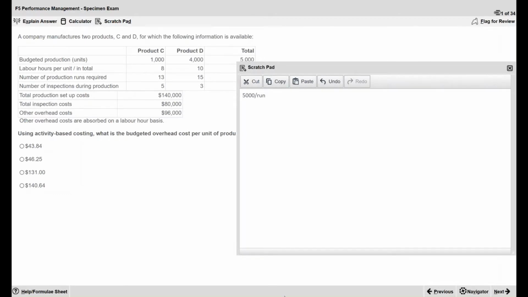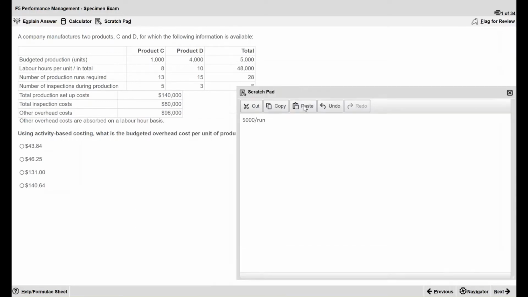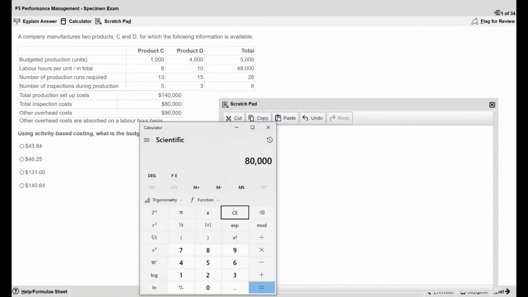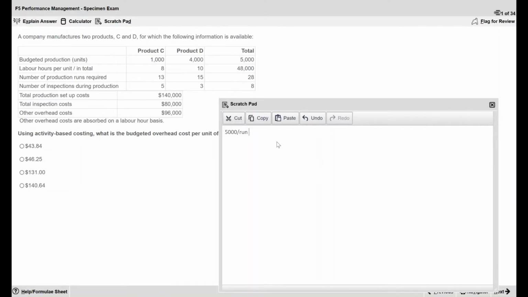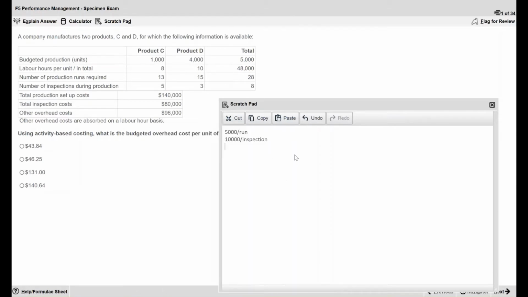Then we have the inspection, which is 80,000 divided by 8. That gives us 10,000 per inspection. And then we have 96,000 divided by hours, 48,000. That gives us 2 per hour.